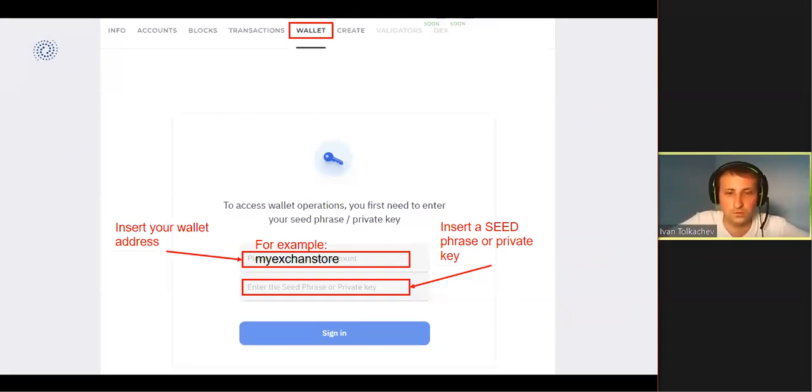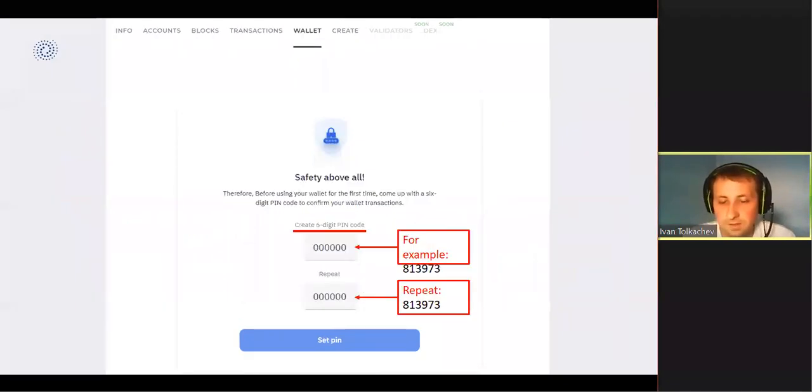After the wallet is created, you may go to it, and here you insert your wallet address, your seed phrase or a private key, sign in, and then you are requested to type in your PIN code. This is a 6-digit PIN code. Why do you need it?